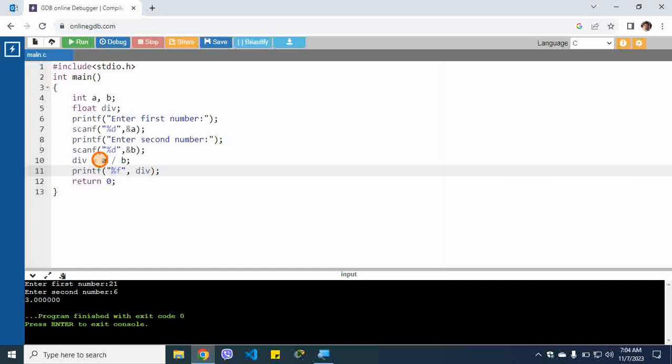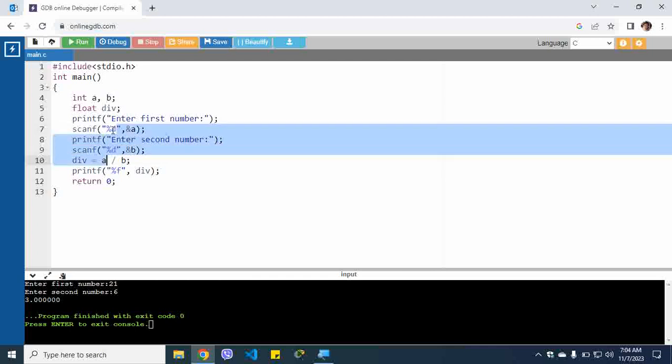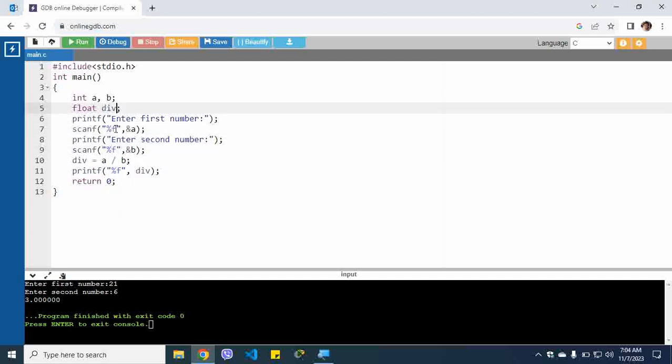Now this is in integer, and this is in float. So we have to convert this first into float. Type conversion also, right? Before that, percentage f. Yes, you can do it with f also. Here also f.